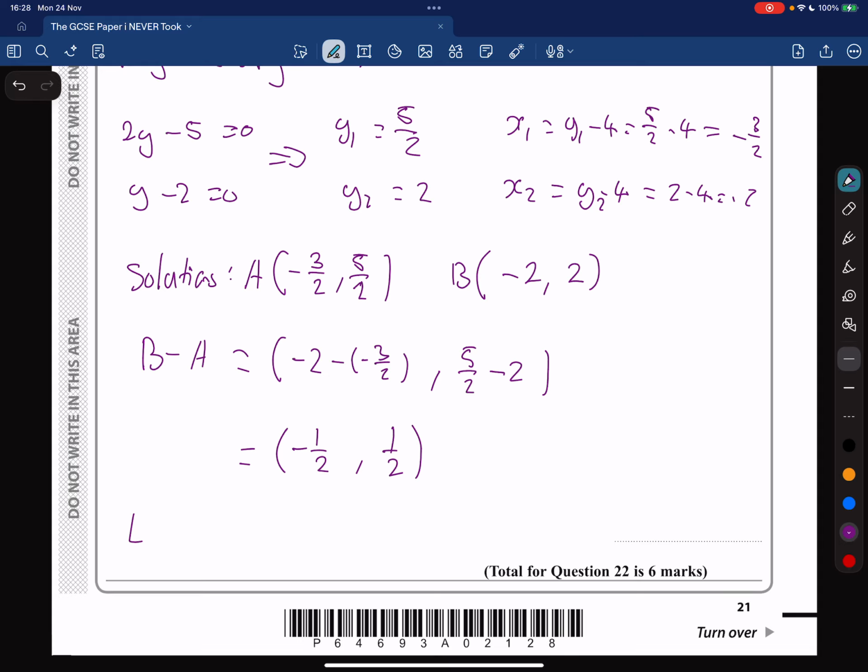And then the length is equal to the square root of minus a half squared plus a half squared, which is equal to, this is vile, root 2 over 2.